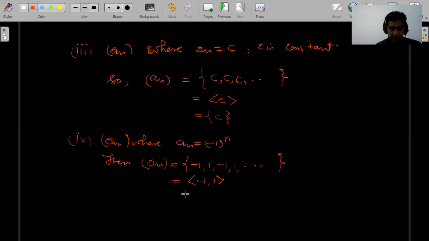In notation form, we can write this as (an), or simply as an, since we are writing the same thing again and again. So these are the examples of sequence. These are very important examples. So this is how we write the sequences, what the sequence is.